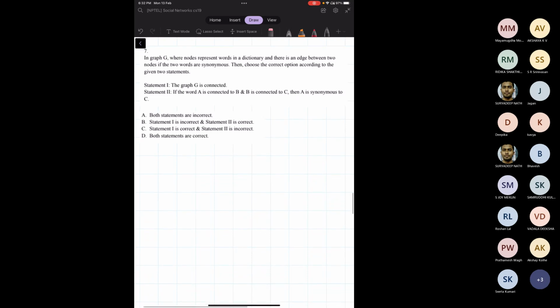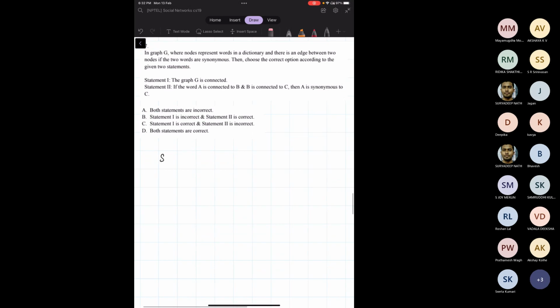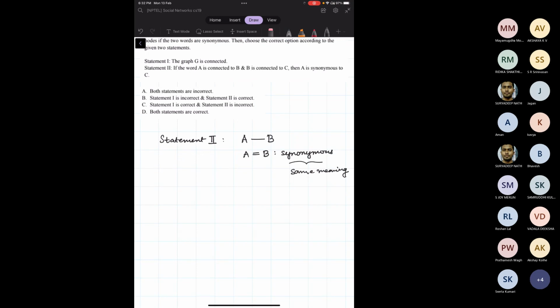Now let us study statement 2 first. What does statement 2 mean? That between A and B there is an edge. It means that A and B are synonymous, so I'm writing equal to. Synonymous means two words having the same meaning. So in a graph, if A and B are connected, it means A and B have the same meaning.